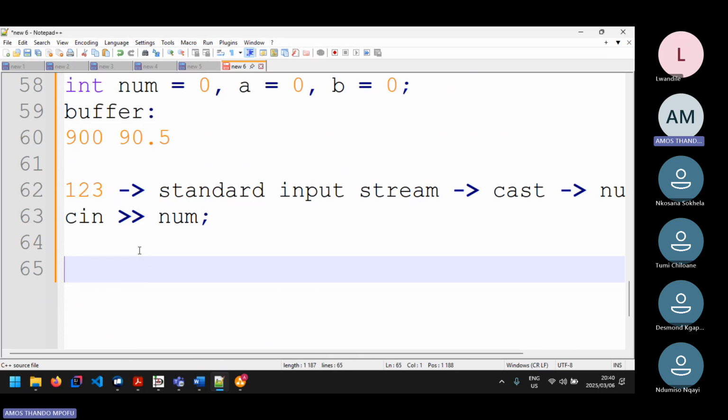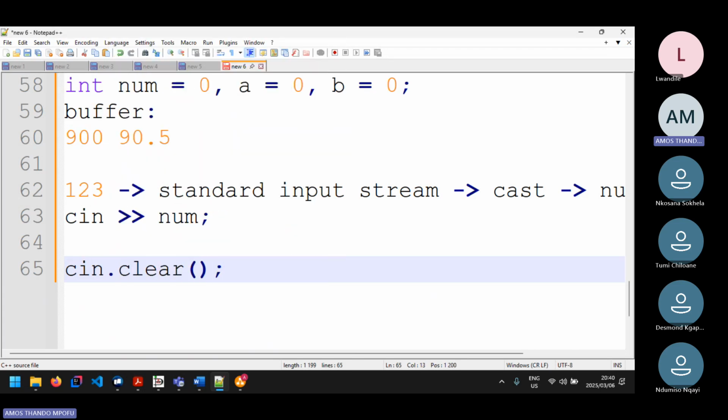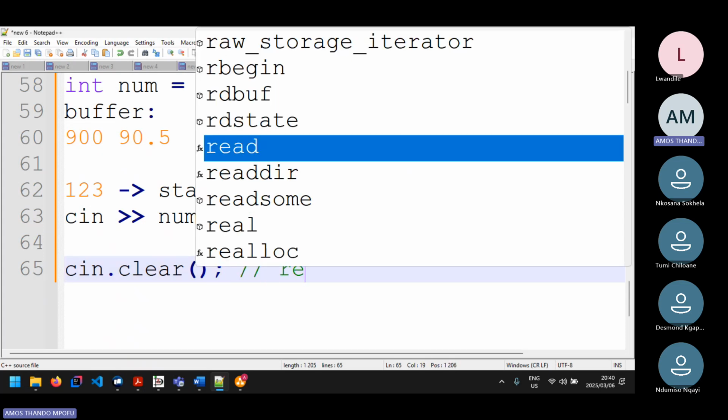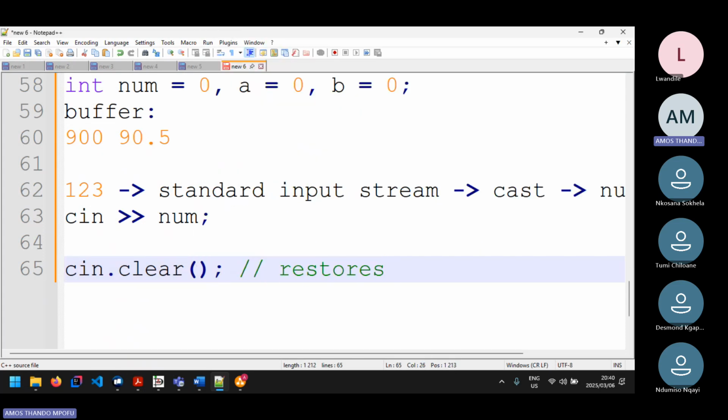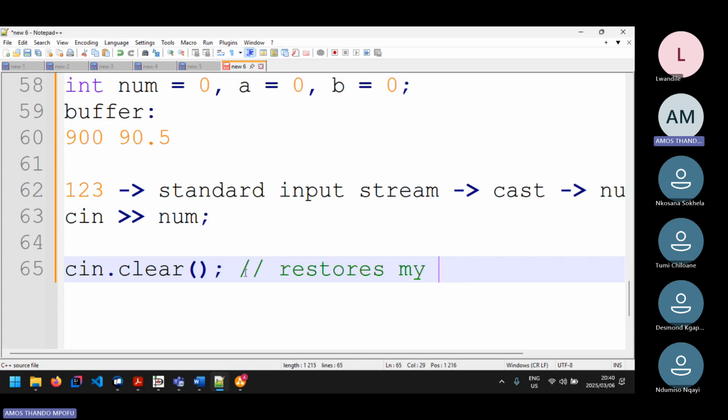And that standard input stream is referred to by which variable? cin. So I have to call a function and say cin dot clear, right? Semicolon, which clears or restores my standard input stream from the fail state to its normal state.